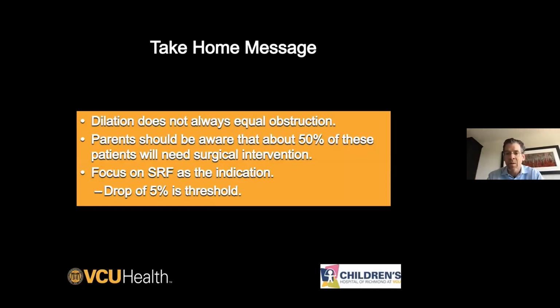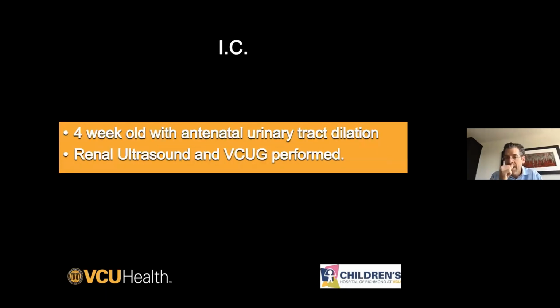Parenchymal thinning doesn't always speak to obstruction. And so I do use a drop-off of 5% threshold in this situation. And I think that's in line with that study that recently came out that we went over before.